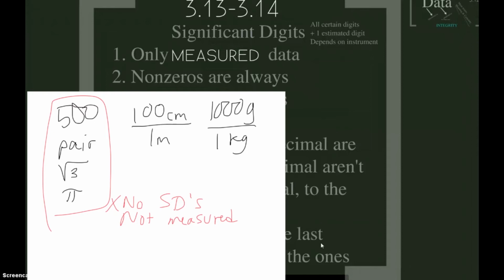Now let's take a look at our second rule. Once we know we have measured data, now we can start applying all these other rules. So the first thing is that any digit that we see in a measurement that's not 0, we're going to assume that that digit in itself is significant. So for example, if I tell you that there are 25.4 milliliters in my graduated cylinder, all 3 of those digits are significant. 2, 5, and 4 all are significant.